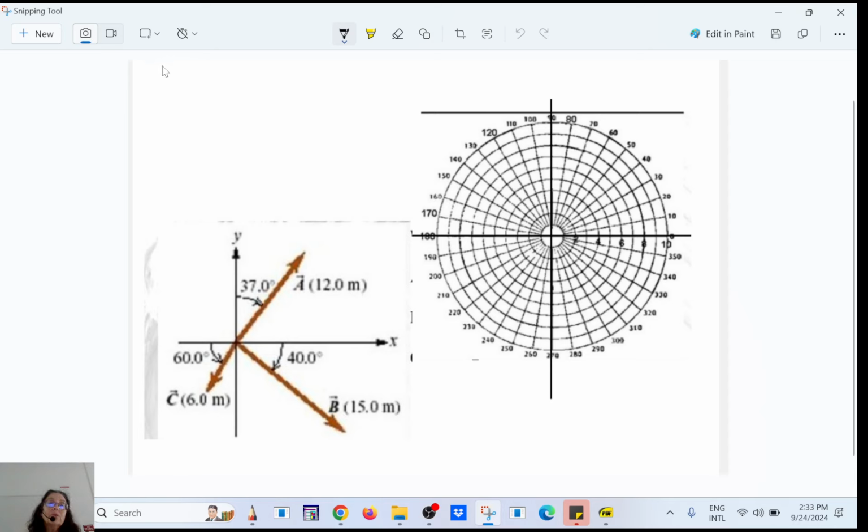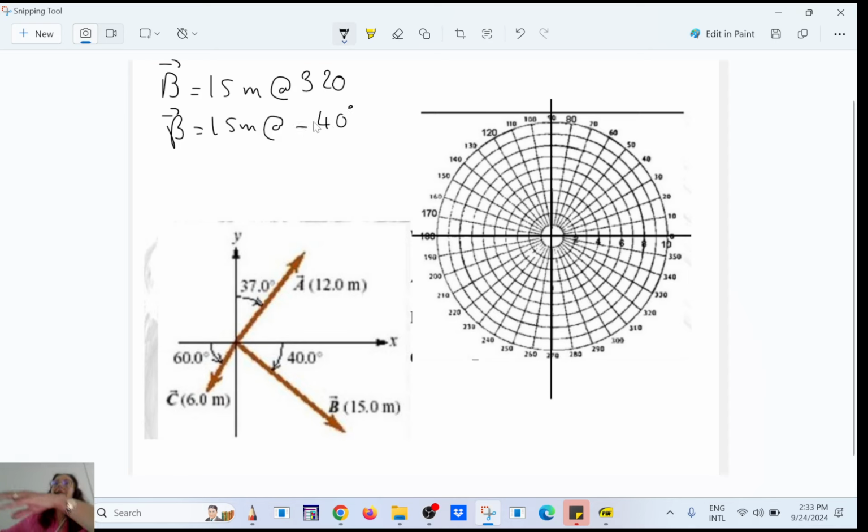You can say B, the magnitude is 15 meters at 40 degrees. So 10, 20, 30, 40 will be 320. That's one way. But you can also say 15 at -40.